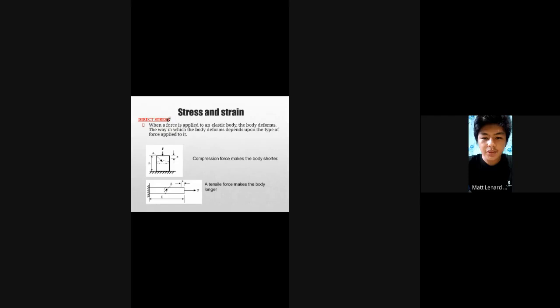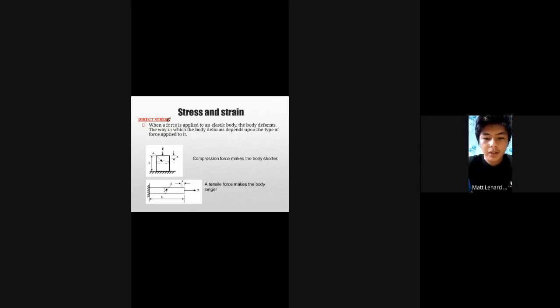So stress and strain. This is direct stress. When a force is applied to an elastic body, the body deforms. The way in which the body deforms depends upon the type of force applied to it. In the first diagram, compression force makes the body shorter.